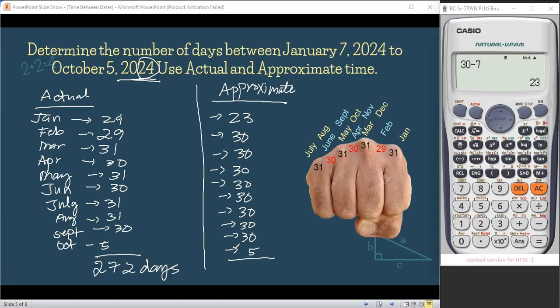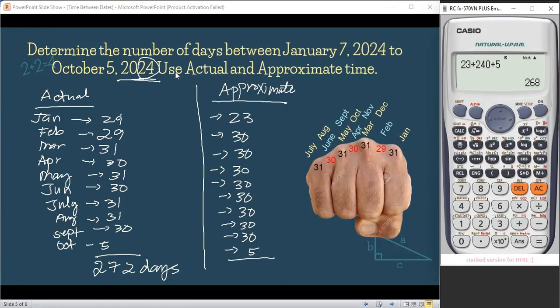So we have January, February, March, April, May, June, July, August, September, October. So we should have 10. So 1, 2, 3, 4, 5, 6, 7, 8, 9, 10. So that is correct. So here, we have 23 plus, how many 30s? 2, 3, 4, 5, 6, 7, 8. So 8 times 30, that is 240 plus 5, that will give us 268.